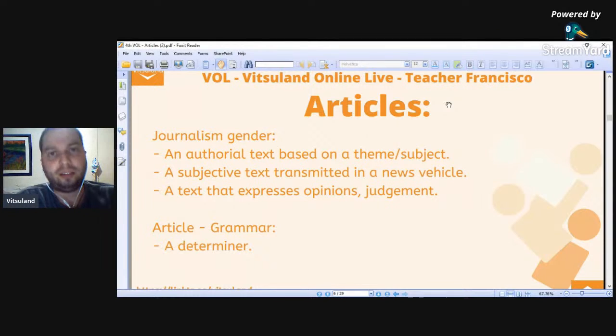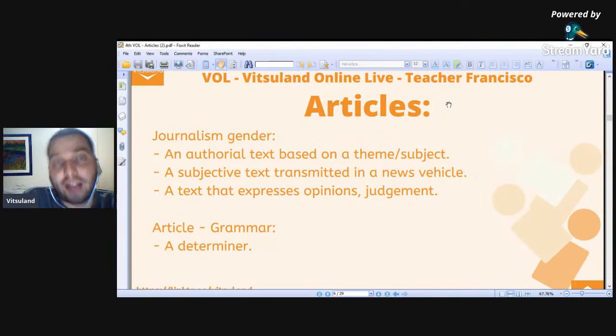A journalist in general writes a text expressing his or her opinions and judgment when writing an article. It can be used in other kinds of vehicles like television, internet, radio. It's less common, but it can be used in these vehicles like digital ones, electronic ones. So this is one of the concepts of an article.